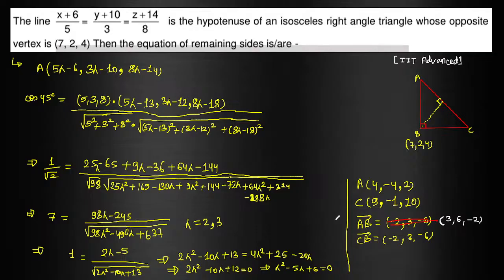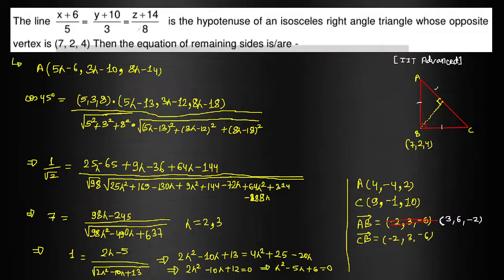Now in this question, the line equation is given. We have an isosceles triangle, which is right angled. So we have to find the equation of AB and AC. What will happen is that we know the line equation for AC.